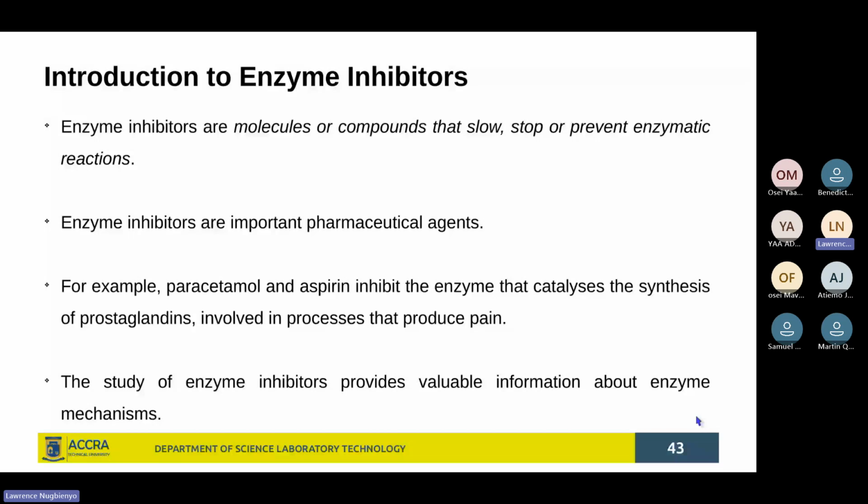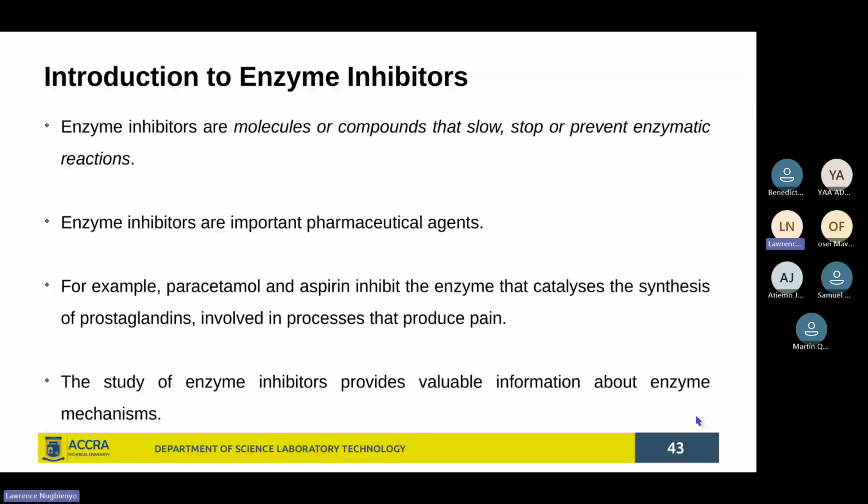So if you know an enzyme which is involved in a specific chemical reaction, and you are able to discover a compound, a chemical substance that can inhibit the activity of the enzyme which is involved in catalyzing that reaction, you can apply that to achieve a certain therapeutic effect.